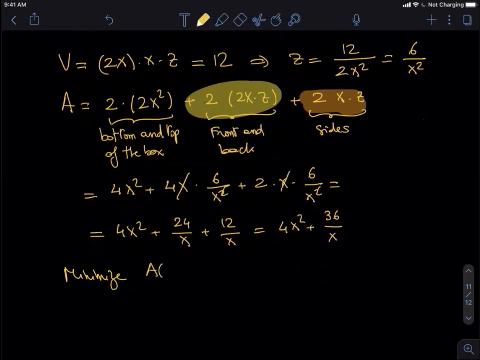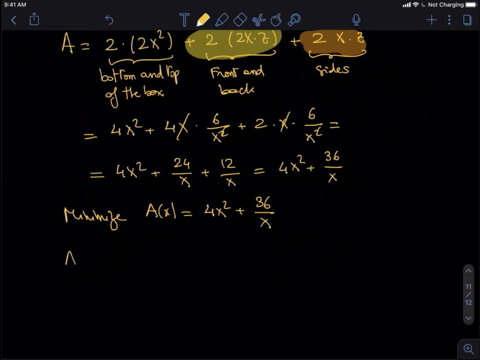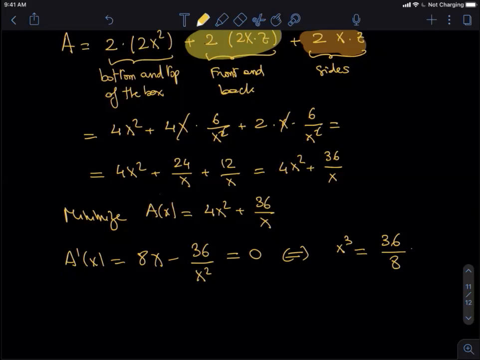Minimize A of x equals 4x squared plus 36 divided by x. A prime is 8x minus 36 divided by x squared, which equals 0 if and only if x to the power 3 equals 36 divided by 8, which is 9 divided by 2.